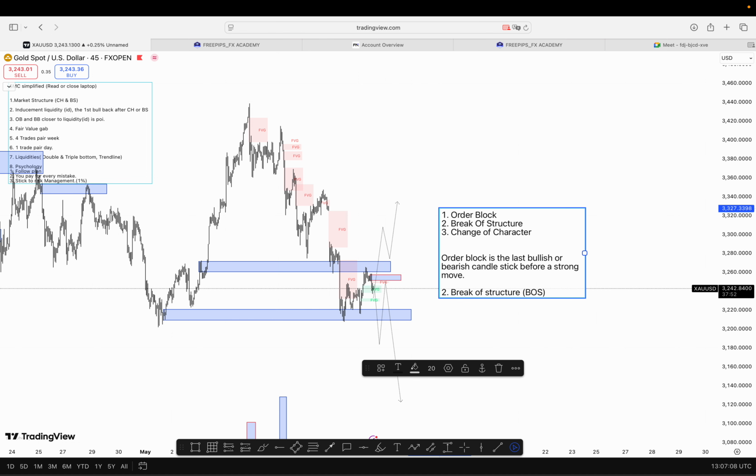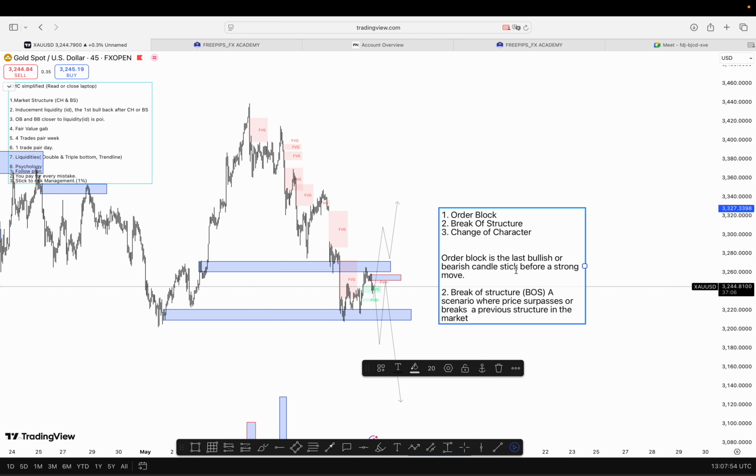Break of structure is a scenario where price surpasses or breaks a previous structure in the market.